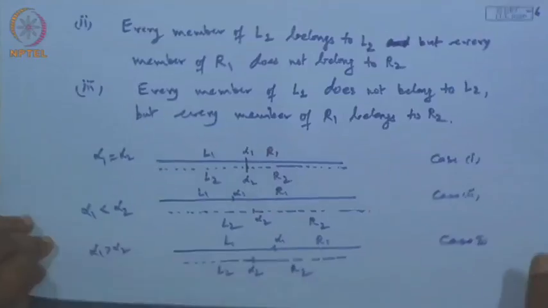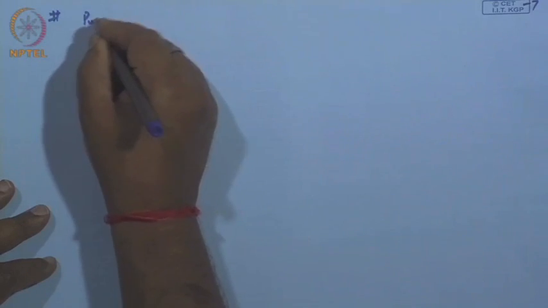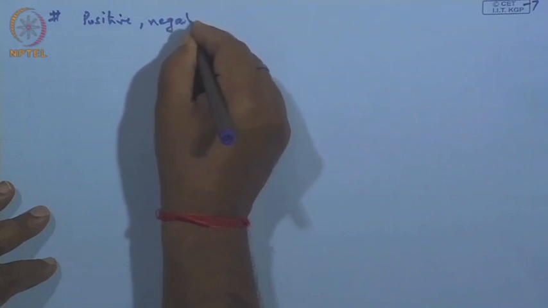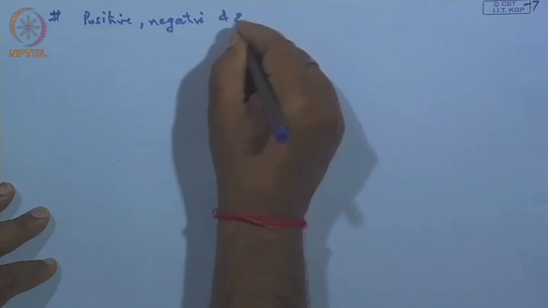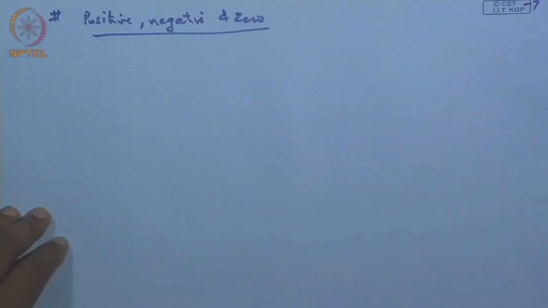Then in a similar way, he has introduced positive, negative and 0 numbers in terms of the cuts.